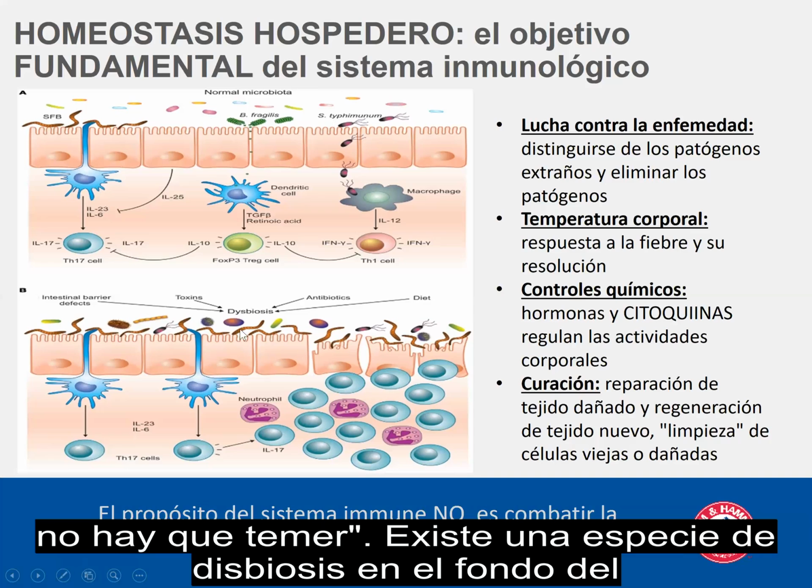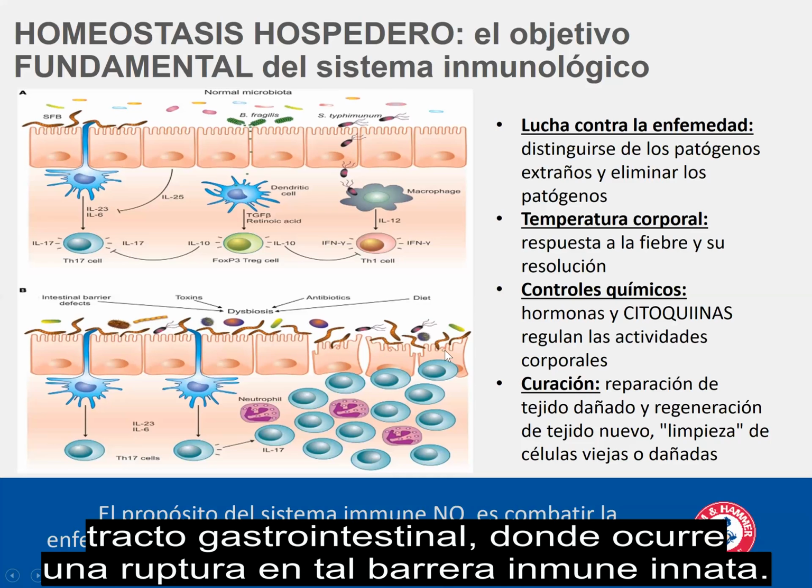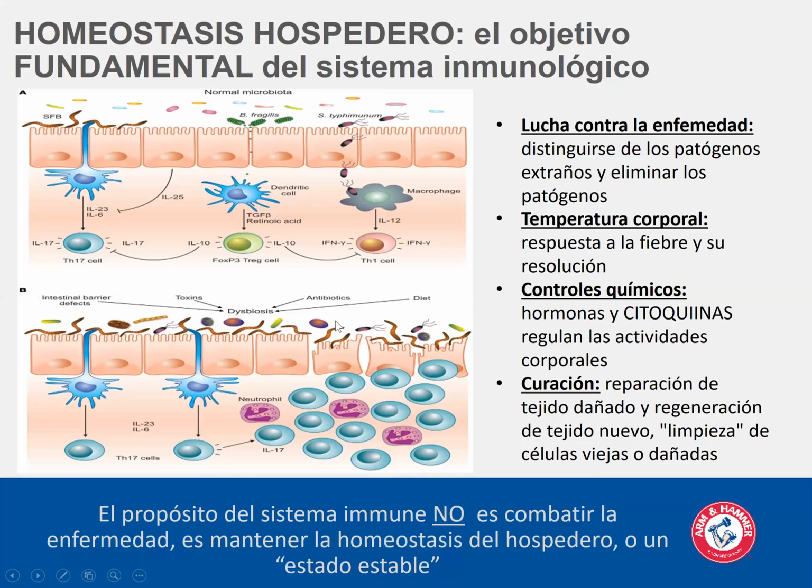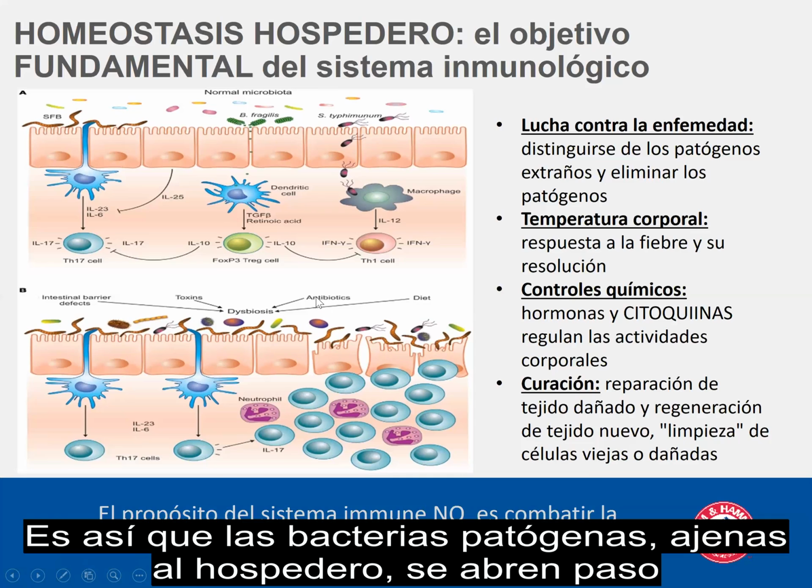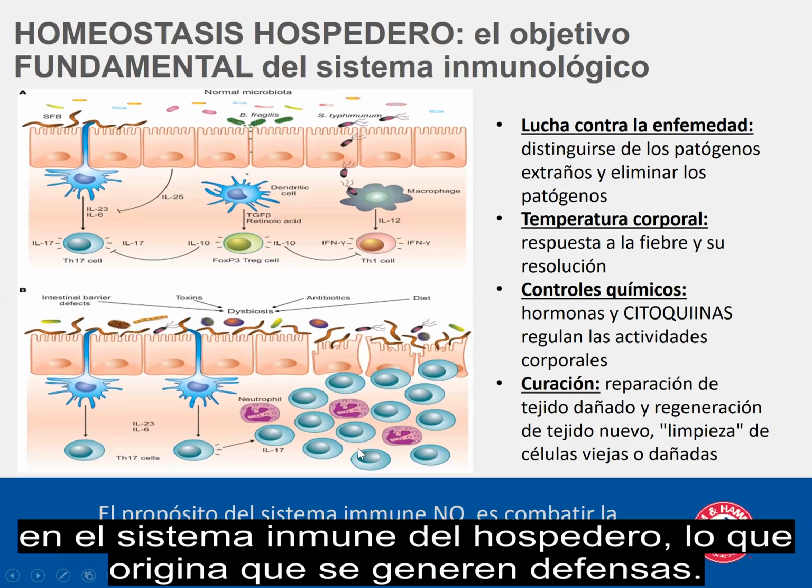It's only when there's a sense of dysbiosis at the level of that gastrointestinal tract, shown down here at the bottom, where there's a disruption in that innate immune barrier, that those foreign pathogenic bacteria can then get through into the system of the host, and the immune system starts to mount its defense.